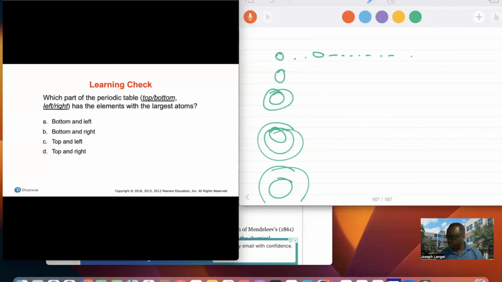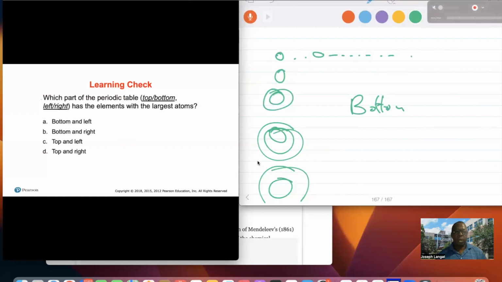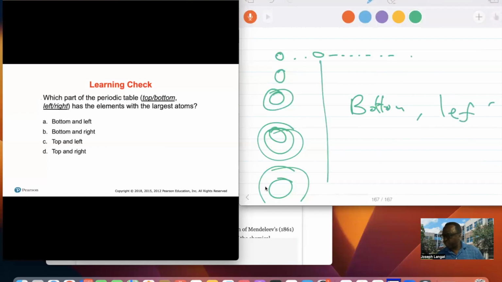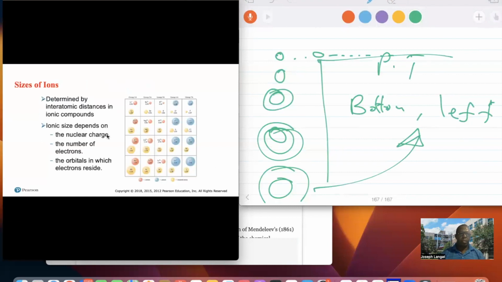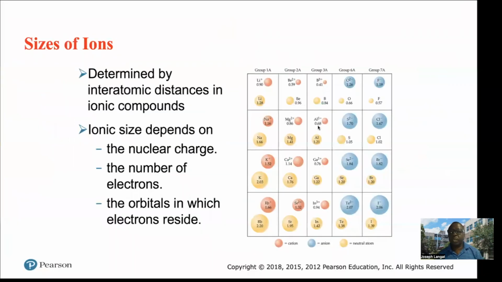It is bottom and left. So it's bottom left. This is the periodic table. Bottom left is where we have the largest atomic radius.